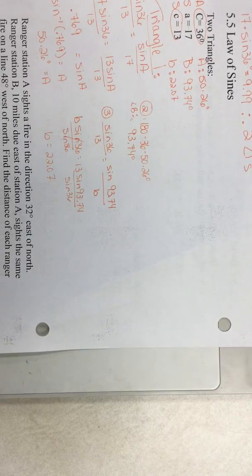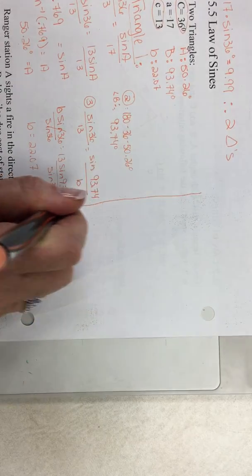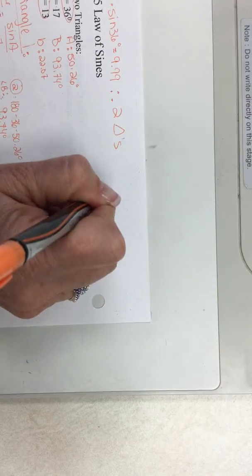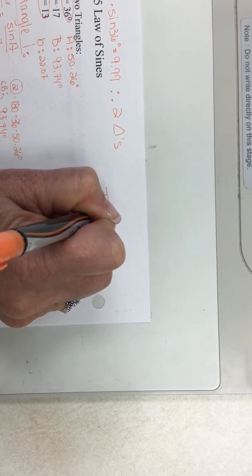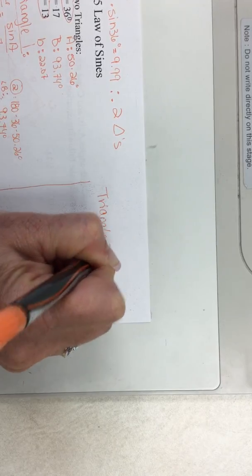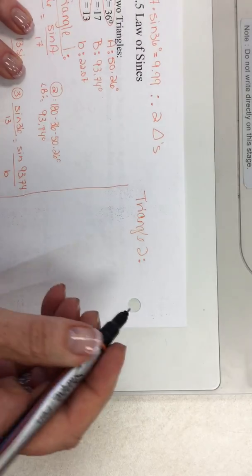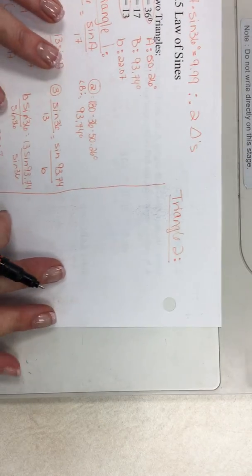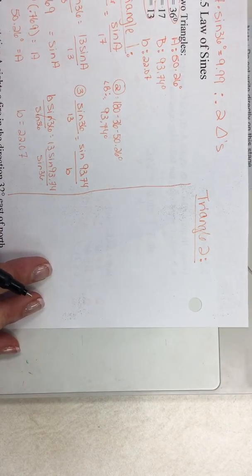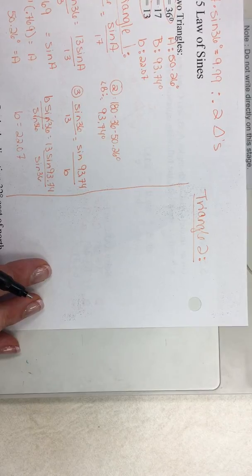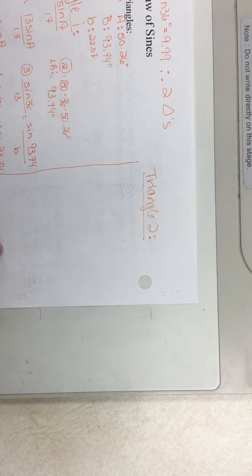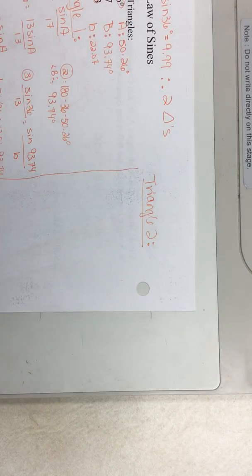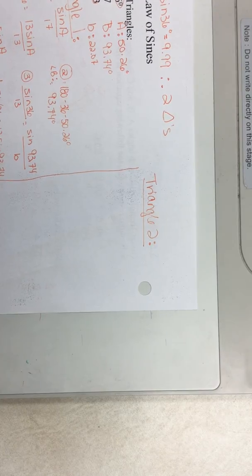Okay, now we're going to go to triangle 2. This will be the trickiest part of 5-5, but it's not bad. And just kind of stay with me on that.